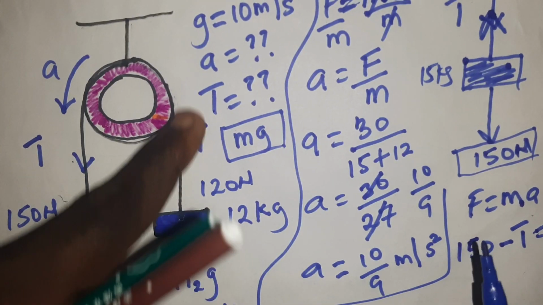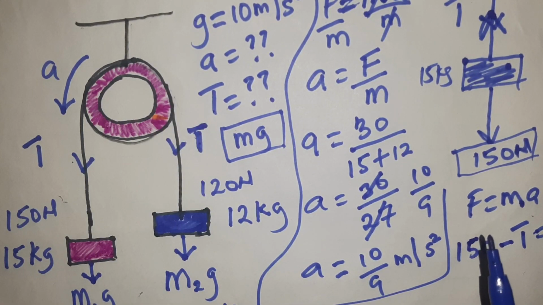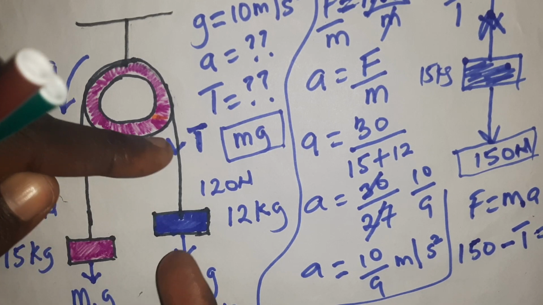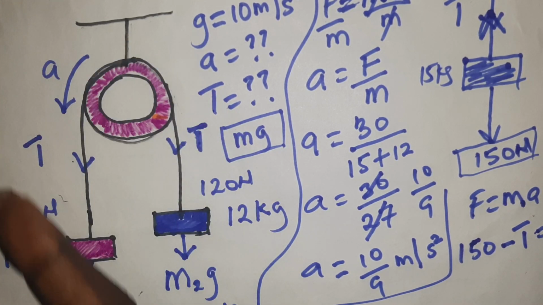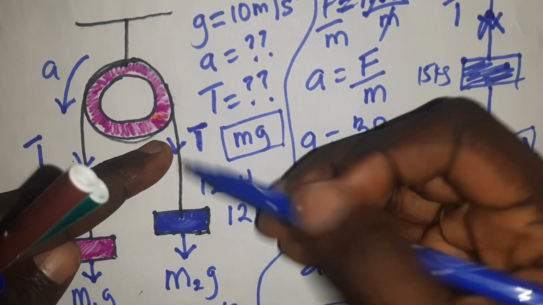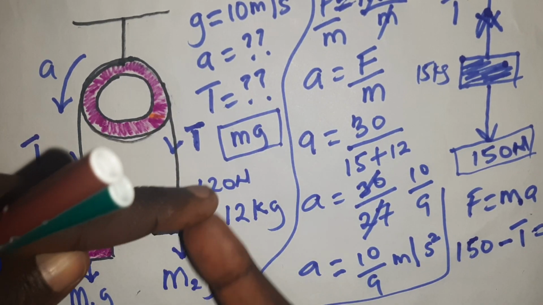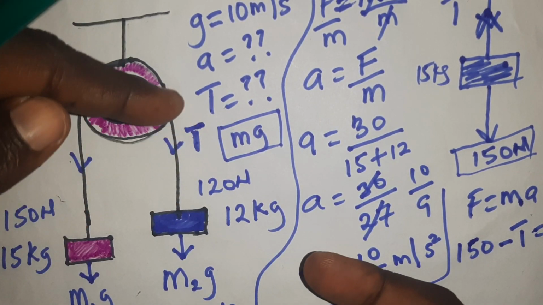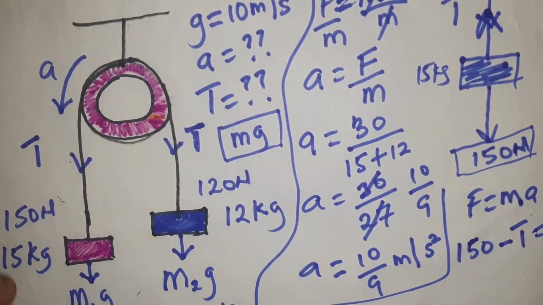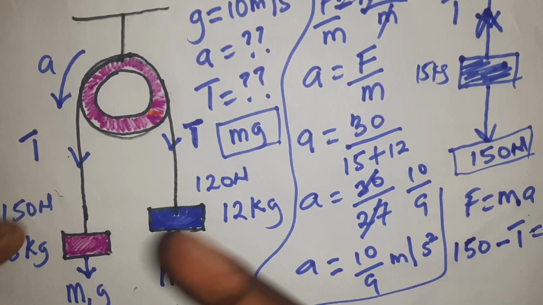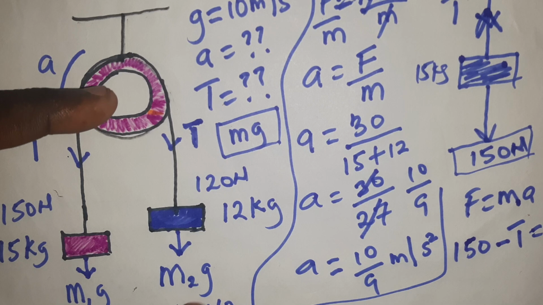But you can also use this part of the pulley to get your tension. In this part, when the masses go this way, the tension will be leading the battle on the right hand side of this pulley, because the tension is trying to pull, and it ended up pulling this way with the help of this 150 Newton here. The mg here did not win the battle.